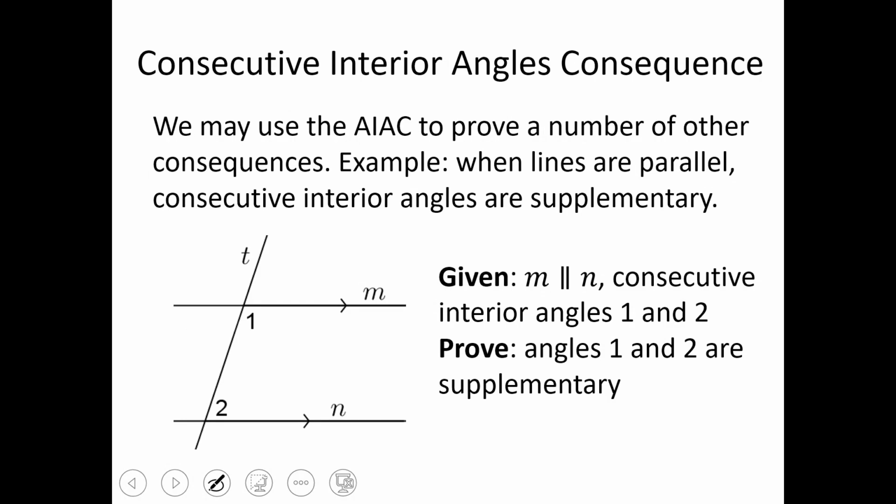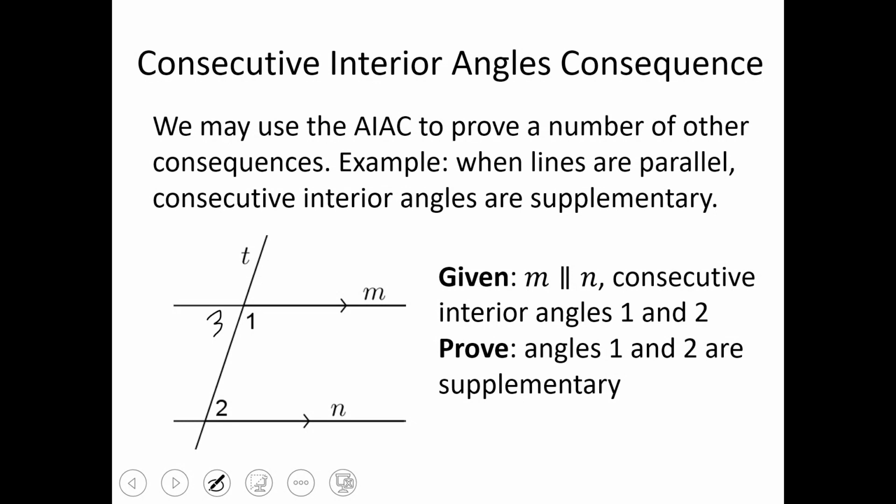As we did in the previous lesson, let us name an angle that forms a linear pair with one of our given angles. That is angle 3, which forms a linear pair with 1. And notice the relationships that we have. We know that 3 is supplementary to 1 by the linear pairs theorem, and 2 is supplementary to 1 as well.